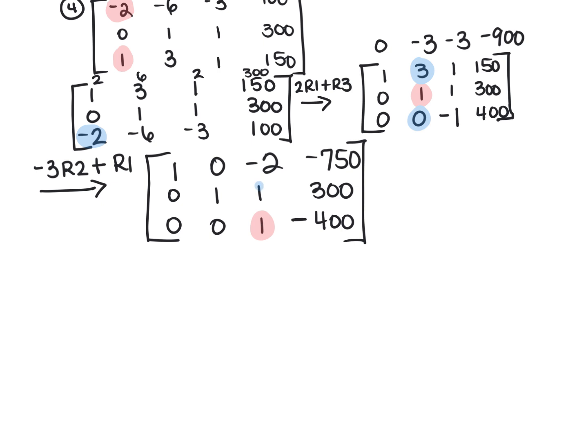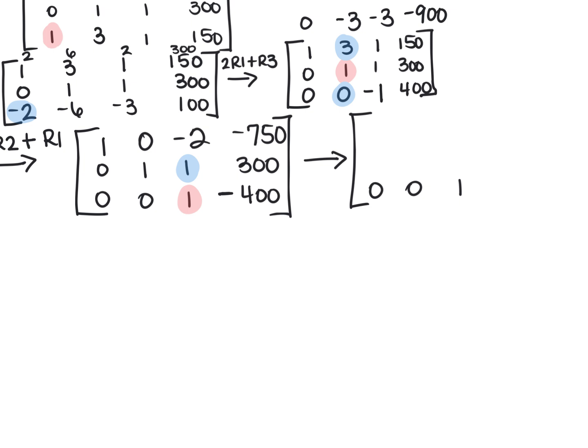So now I need to get a 0 right here, and I will also eventually need to get the -2 to turn into a 0. So we're going to do these one at a time. So the third row is what I'm using, so it's not going to change. 0, 0, 1, -400 is going to stay. Now I'm going to take a -1 times row 3.